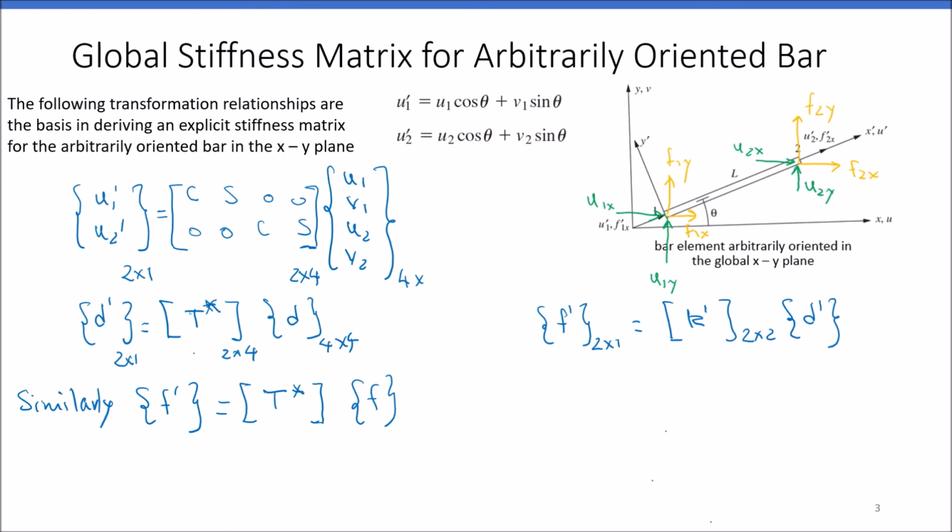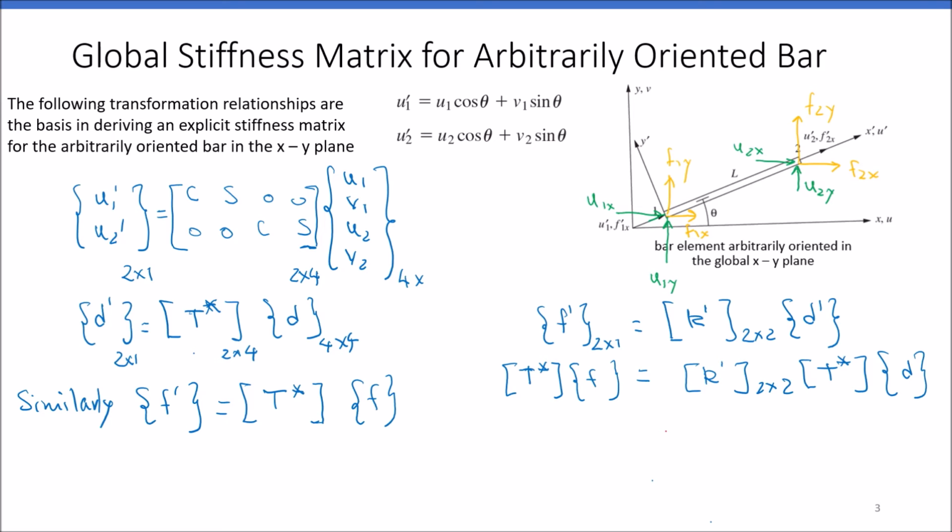Now I can replace F prime by T star times F, and I can replace D prime by T star D. I'm sorry, this is T star F and not F prime. So we have T star F is equal to K prime times T star times D.